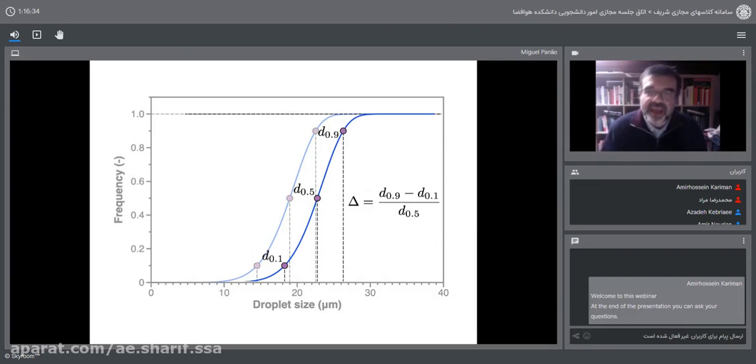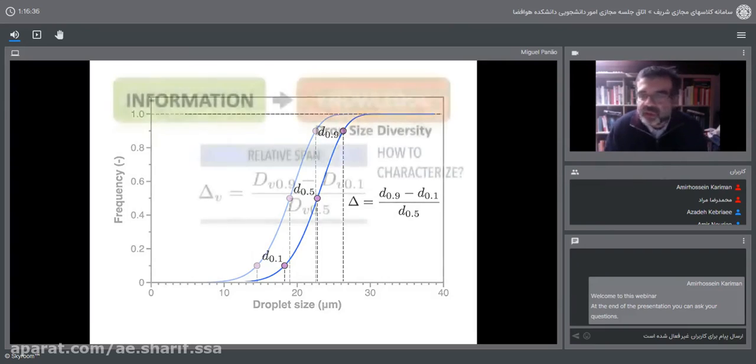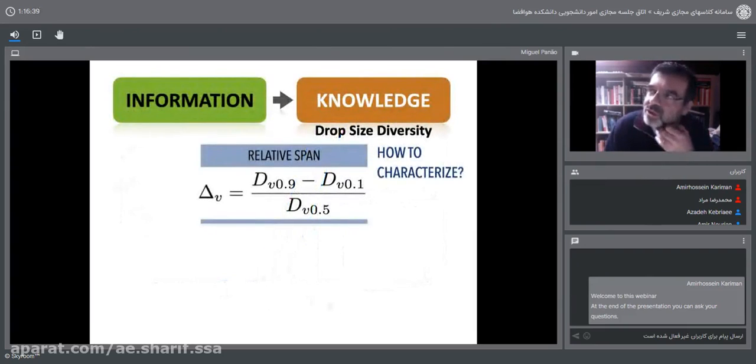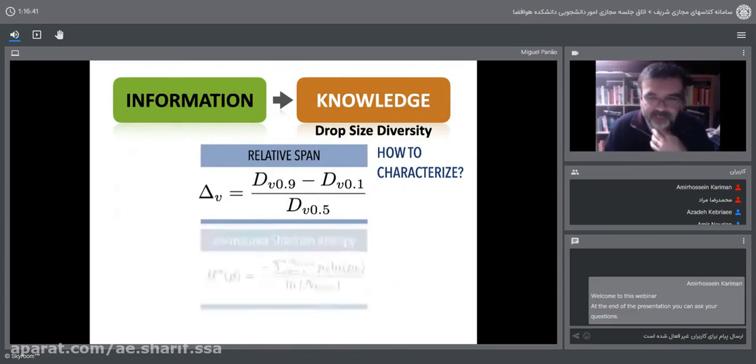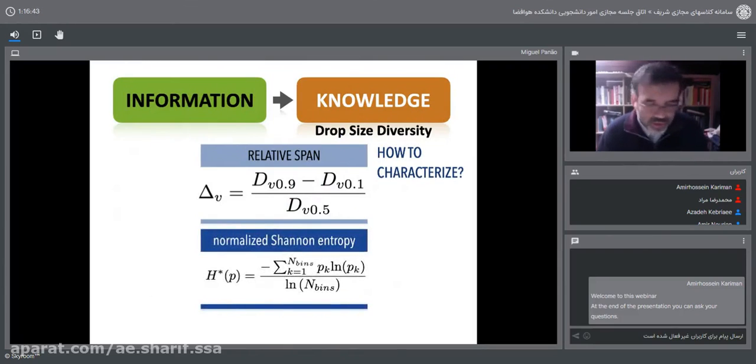So to understand it, I thought maybe I could use the normalized Shannon entropy. And so in 2016, in a paper that I also put among all those papers I share with you, I used the normalized Shannon entropy to propose a new way to quantify the spray uniformity degree.